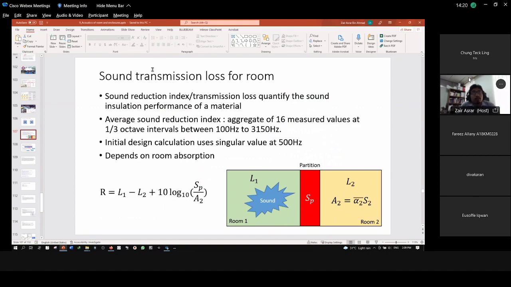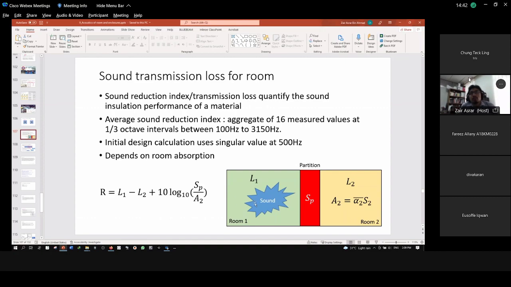We have talked a little bit about room acoustics and about absorptions and so on. And now we want to see how we can use our understanding related to sound transmission in the partition to calculate the sound pressure level in rooms when we have a partition in between.